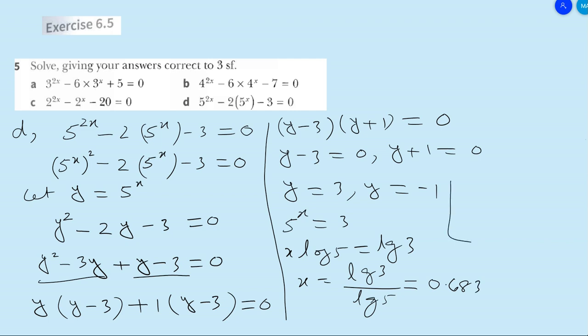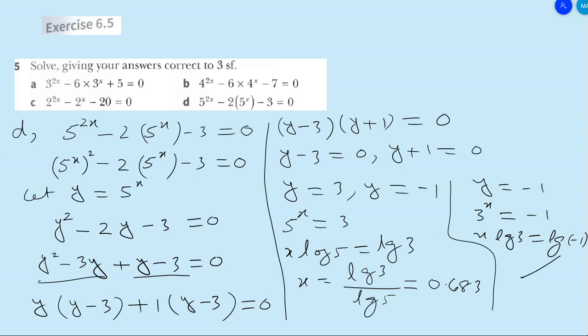The second value of y is equal to minus 1, and y is 5 to the power x as we let. So 5 to the power x is minus 1. Taking log on both sides, x log 5 is equal to log of minus 1.